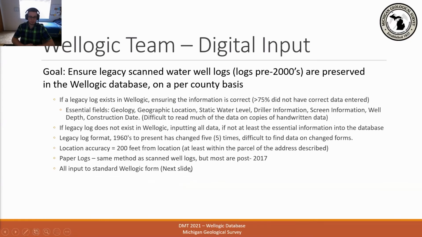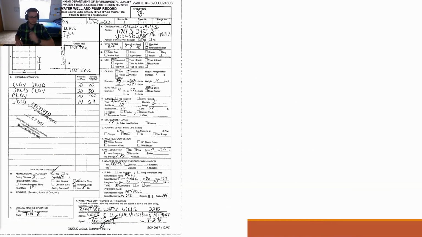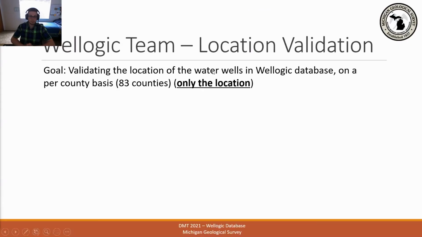And to date, we have entered and or validated 72,000 scanned or paper logs, which is a crazy number. Here is an example of what these paper logs look like, and it isn't that bad of an example. So we kind of turned this big mess into something that is much more readable and usable, as well as adding the lat long.